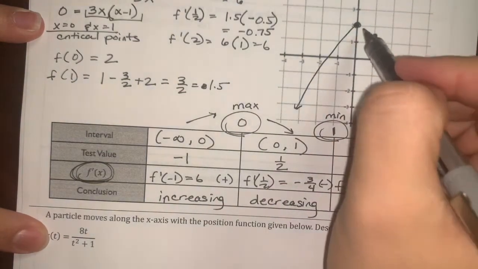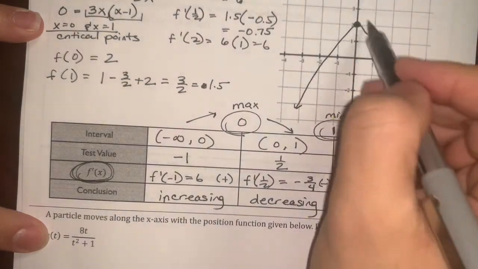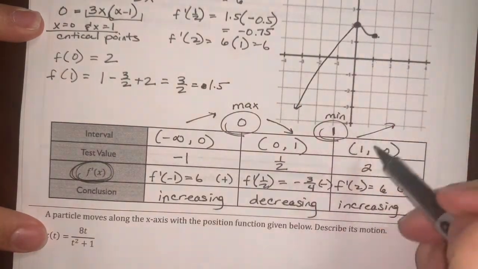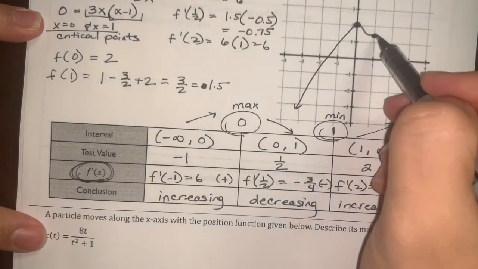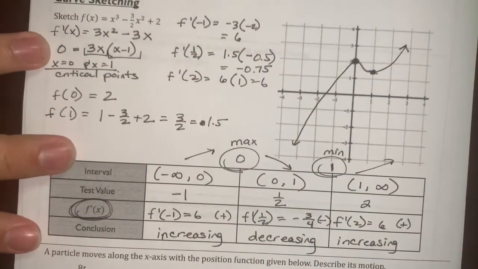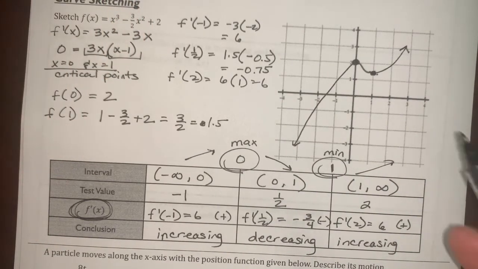And then it's going to be decreasing from this point to that point, and you'll see that created a relative maximum. And then after 1, it's going to be increasing again. And there you go. Again, this is not what the exact graph looks like, but it is a rough sketch, and it does tell you what the behavior of the graph pretty much looks like.